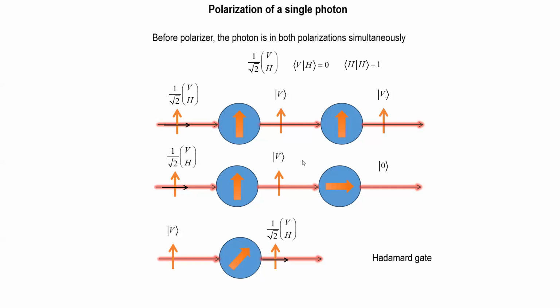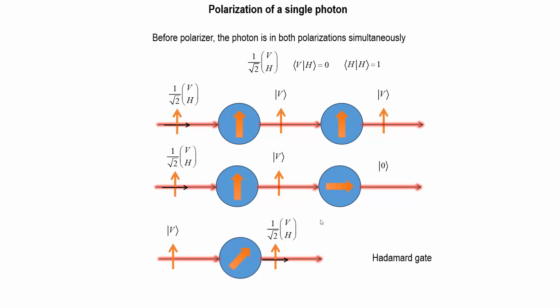Alternatively, I can also take my polarizer and set it at 45 degrees. So it's a mixture of the vertical and horizontal states, and I send the vertically polarized photon onto this polarizer. What I would get in the output is the perfect mixture, the superposition of the vertical and horizontal state.